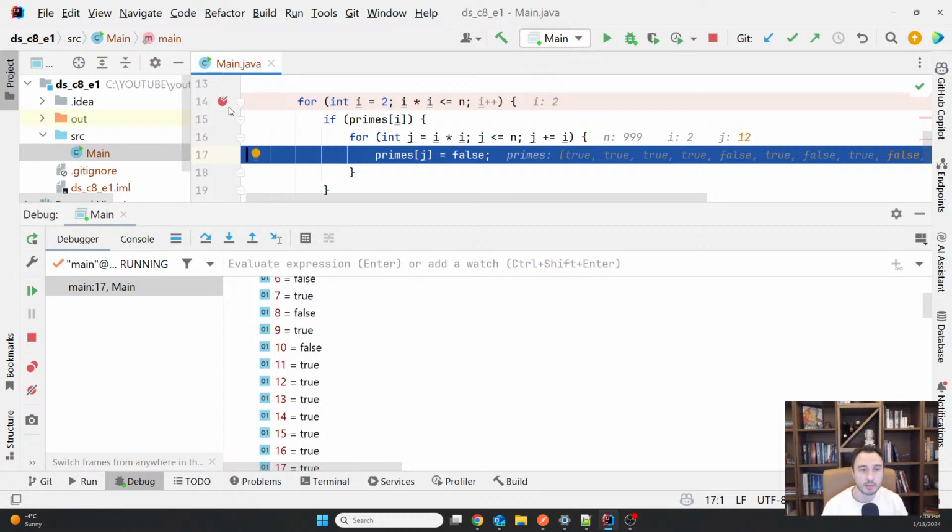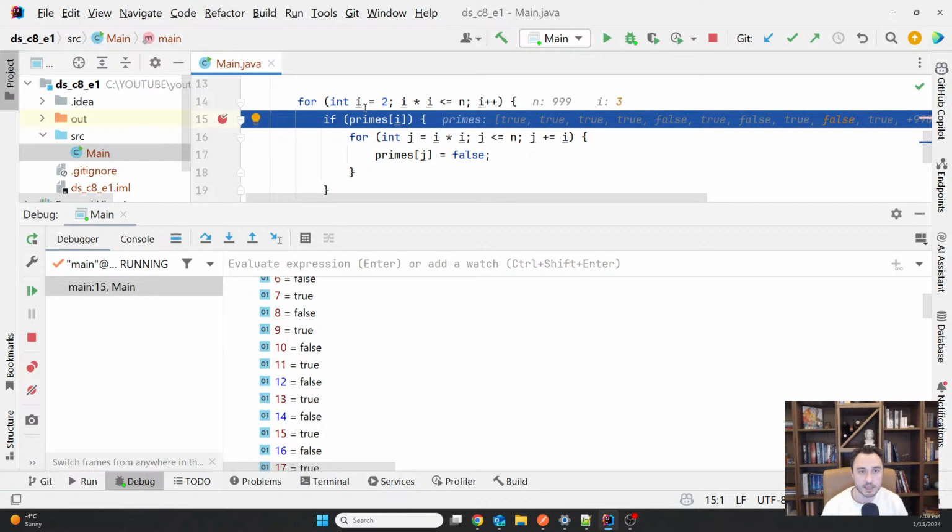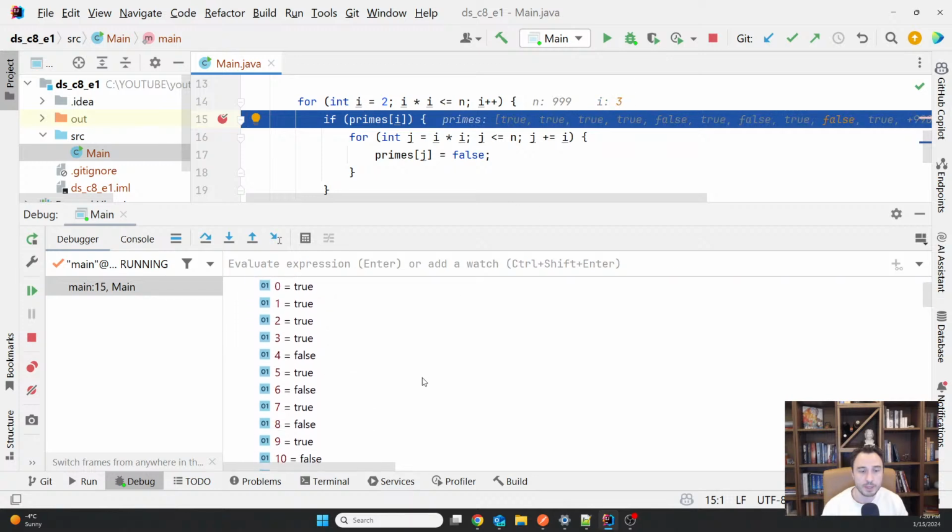And then I'm going to just go to this again, and when it reaches the if again, it is because it finished parsing the entire array, and it continues with the next value here, which is 3. So see, now i has the value 3, you can see it here, and it repeats the same thing starting with 3.